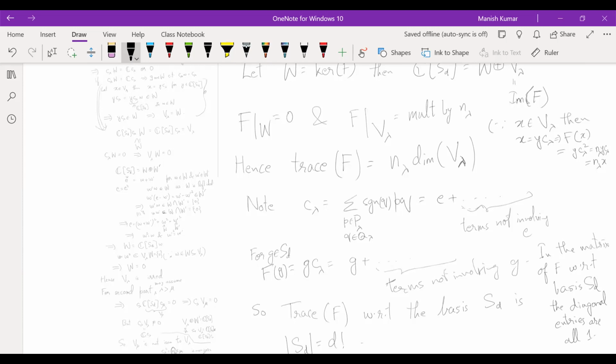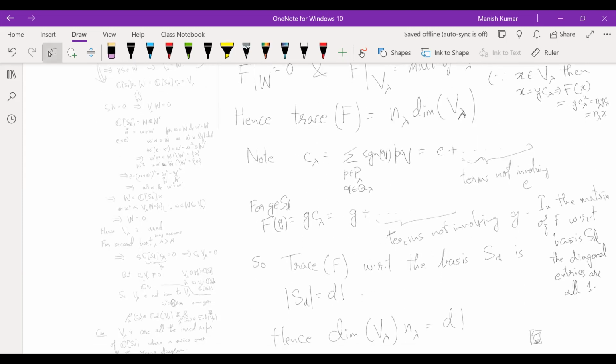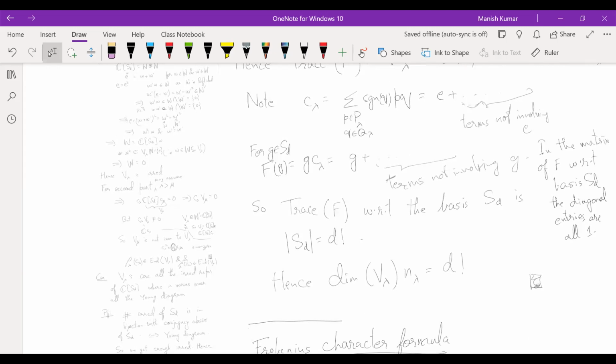Yeah. So you get that the trace of F has to be the dimension of CS_d, which is the size of S_d, which is d factorial. So these two numbers must be the same. So that tells you that dimension of V lambda times n lambda is d factorial.